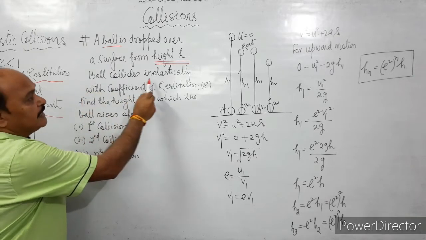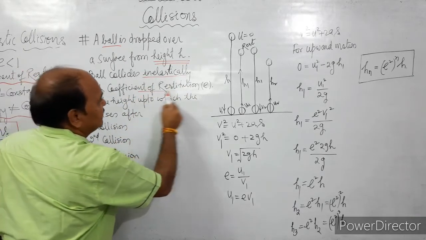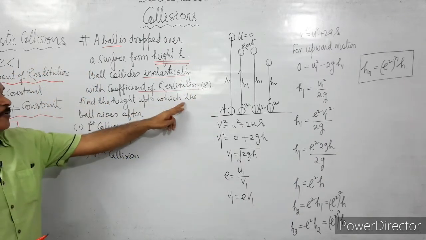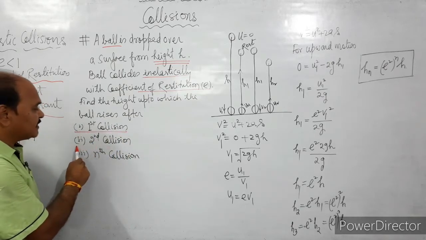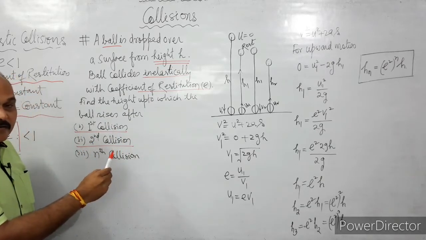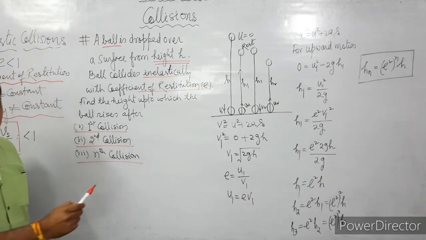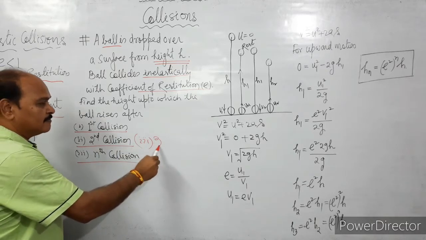Ball collides inelastically with coefficient of restitution E. Find the height up to which the ball would rise after first collision, after second collision, after third collision, and after say nth collision.